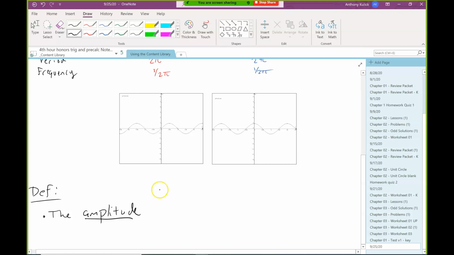So the amplitude of a wave, the graph of sine or cosine we call waves, because they kind of look like waves, right? So the amplitude is half of the total height of the wave.